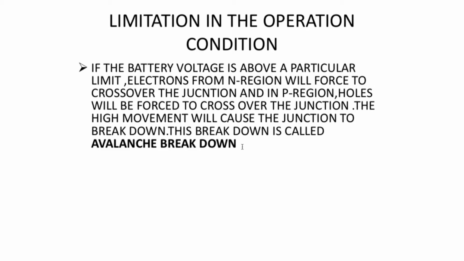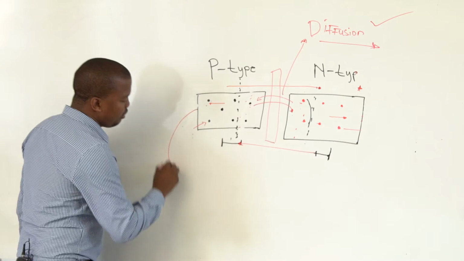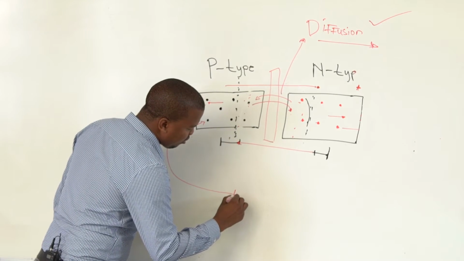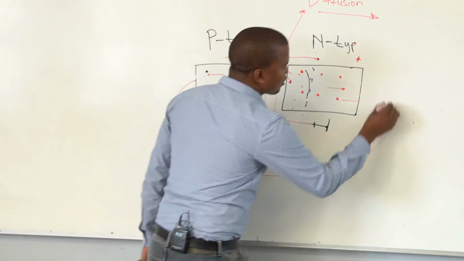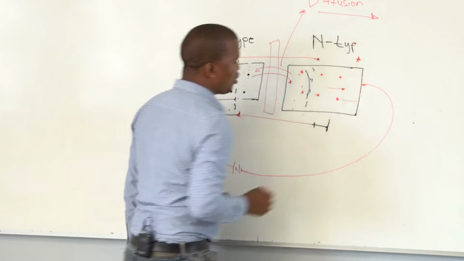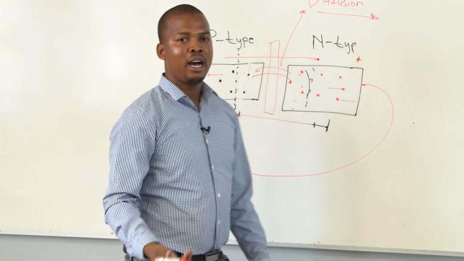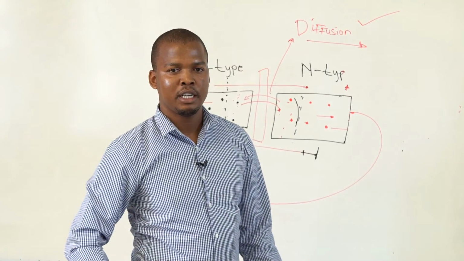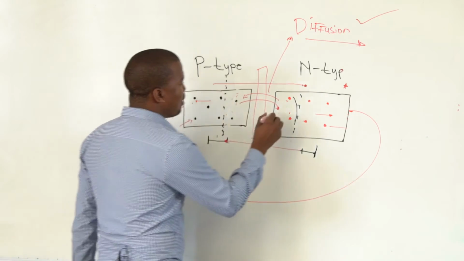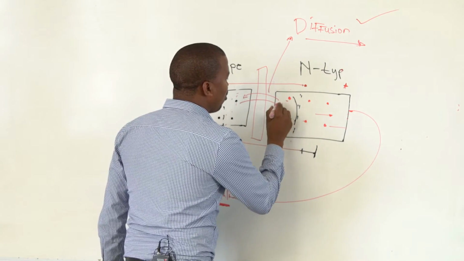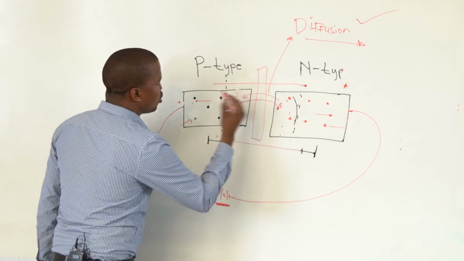Moving from our slides, coming to our board, what they are saying is that if an external voltage is applied, and you find that the voltage applied is higher than the expected voltage according to specification, there will be a high volume of electrons forced to move from one side to another.